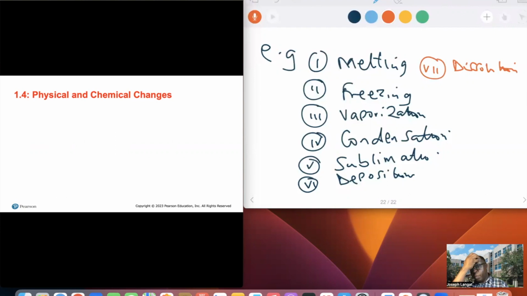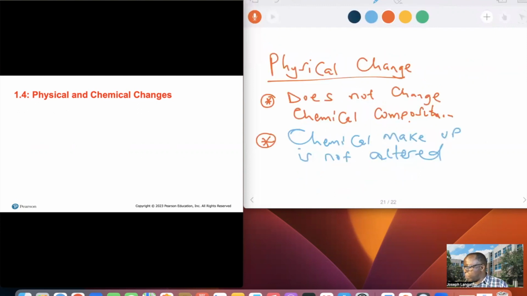If you dissolve sugar in H2O, it does not mean that a chemical change has taken place, or dissolving sodium chloride, table salt, in H2O, you can get back your H2O. In fact, I should have said here reversible. Physical change is reversible.